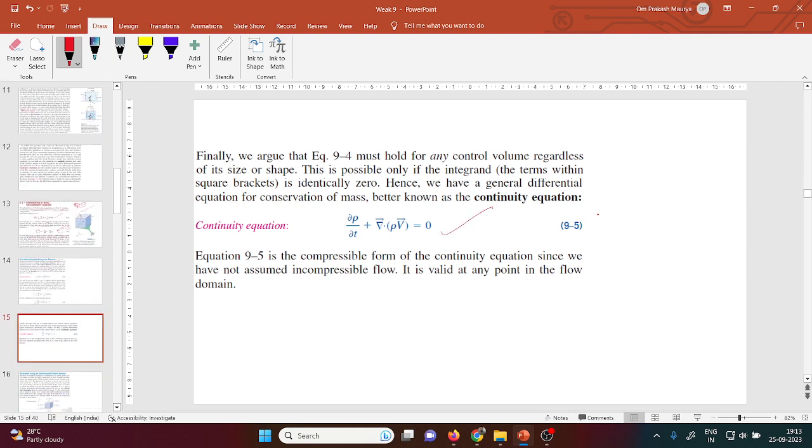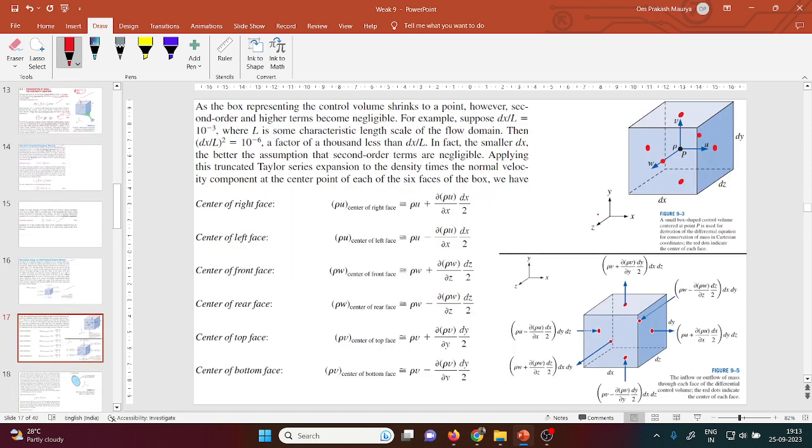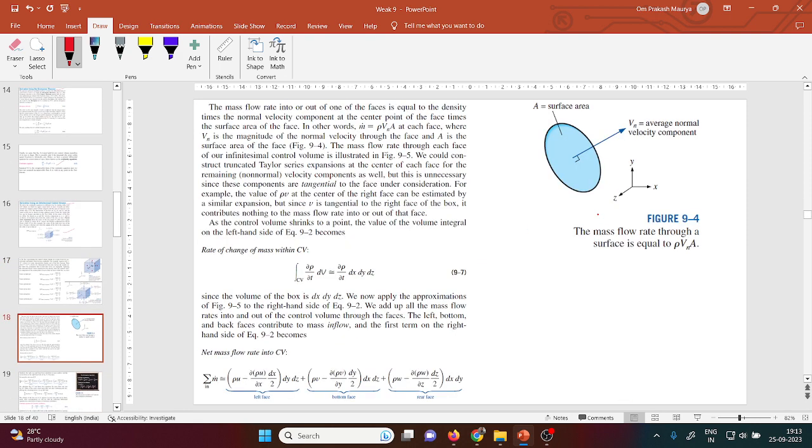The equation is the same in every approach. After the discussion I will show you, you can take a screenshot, no problem. Derivation using the infinitesimal control volume, that is the control volume approach, is also given for the same continuity equation. So this is the final equation using the control volume approach.